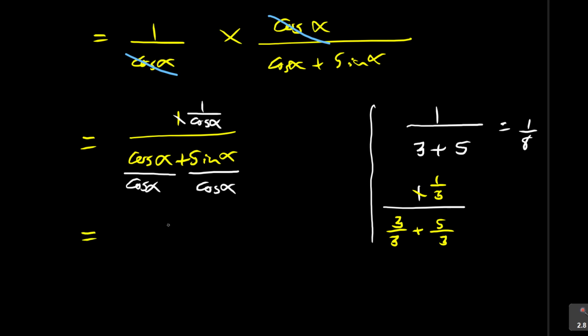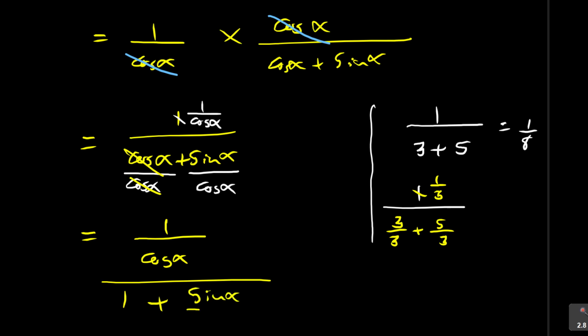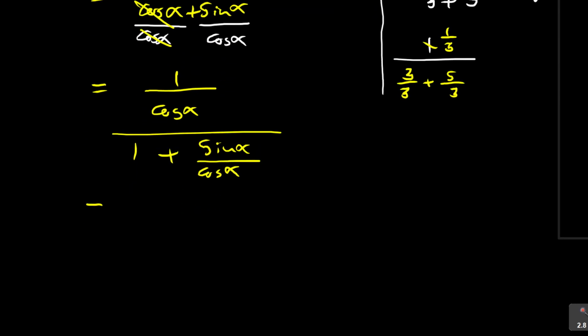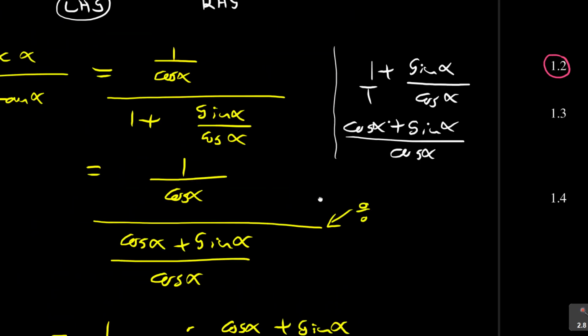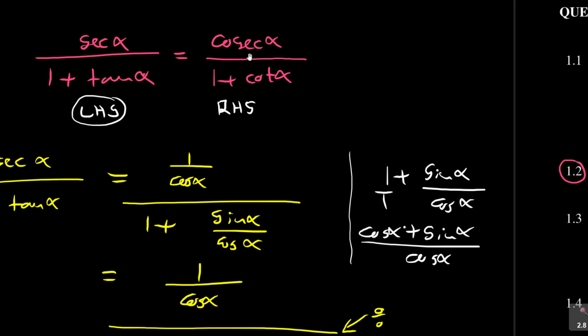So it will be equal to 1 over cos alpha all over 1 plus sine alpha over cos alpha. Now 1 over cos is sec alpha, over 1 plus sine over cos, which is tan alpha. So it becomes sec alpha over 1 plus tan alpha, which is supposed to be cosec alpha over 1 plus cot alpha.